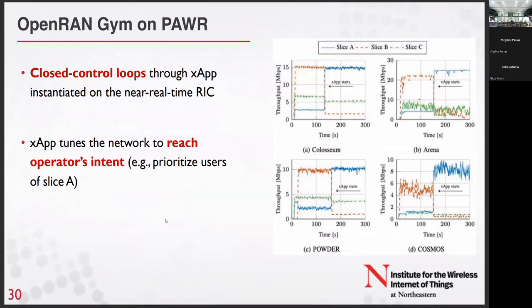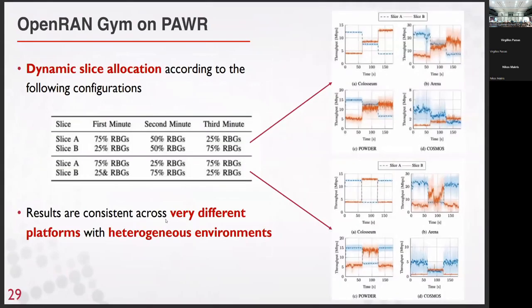So the first one, around the performance. You have some consistency in terms of what you were trying to achieve from a profile perspective, right? So here this was an experiment where you were modifying how many resource blocks go to which slice.